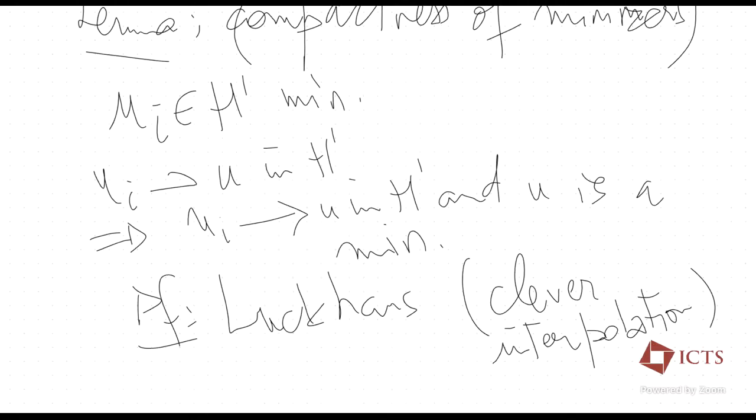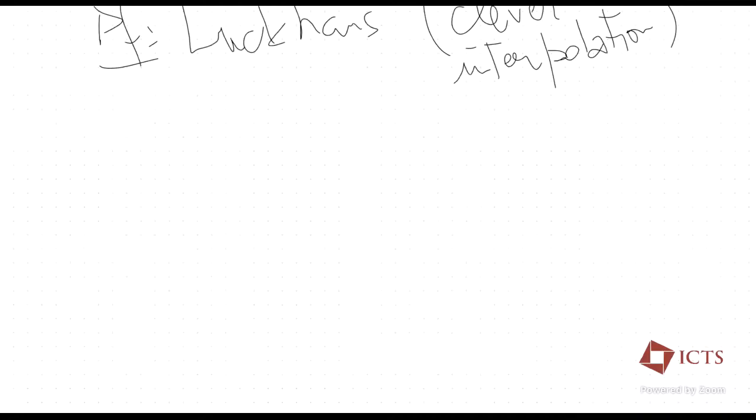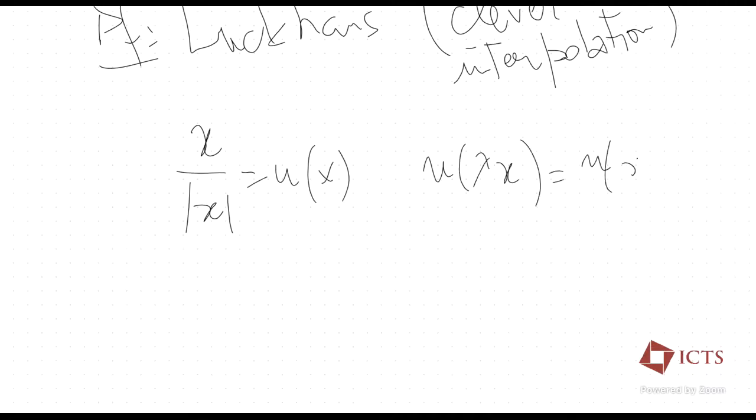Those maps are the candidates to produce singularities. Remember that we know already that a singular map is x over mod x. So this map is zero homogeneous. If you take the map x over mod x and call that u of x, then u of lambda x is equal to u of x for any lambda positive.